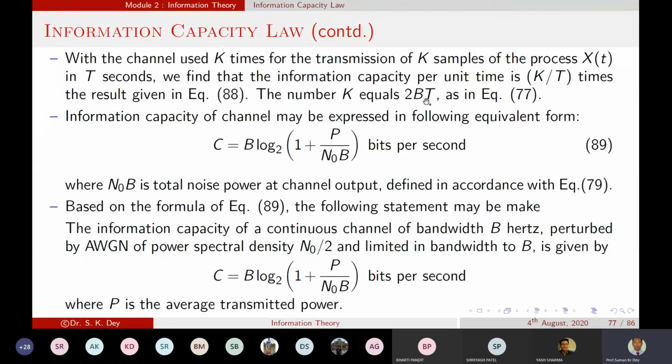If we replace it, per second we are transmitting 2B samples. So the information capacity of the channel may be expressed in the following equivalent form: C equals B log base 2 of (1 plus P by N0 B), where N0 B is the total noise power at the channel output.